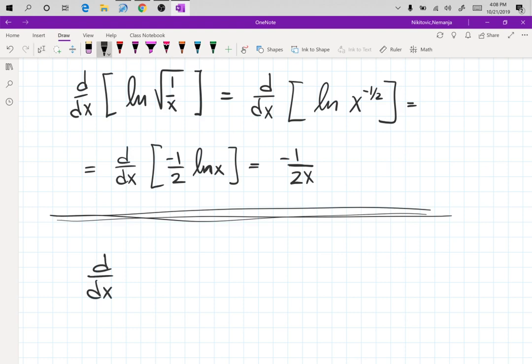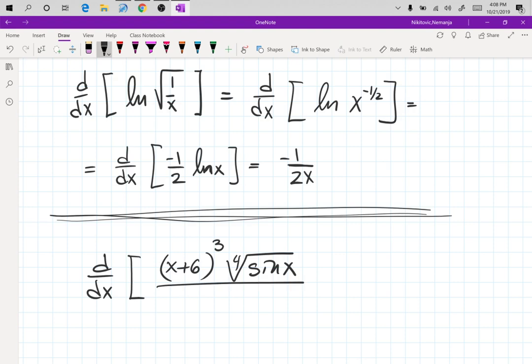So the derivative of, and we have now (x plus 6) cubed times the 4th root of sine x divided by, I can put something nice. How about (x squared plus 6x minus 1) to the 9th? That's a nice example, right?